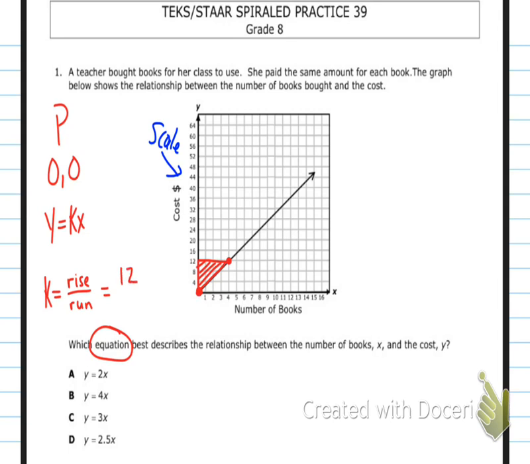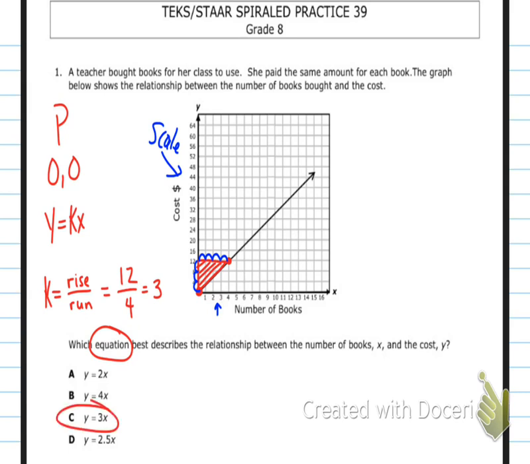Now I know it looks like 1, 2, 3, but you have to count by fours. So it's actually 12. And my run is 4. Notice this one, 1, 2, 3, 4. This one looks like 4, but it is 4 because of the scale. And so then you just simplify. What's 12 over 4? It becomes 3. So I'm looking for y equals 3x.